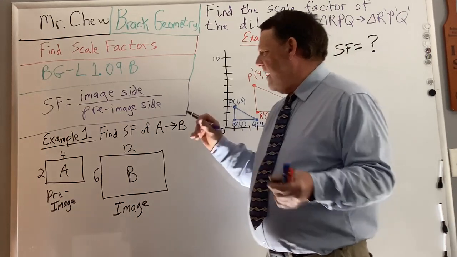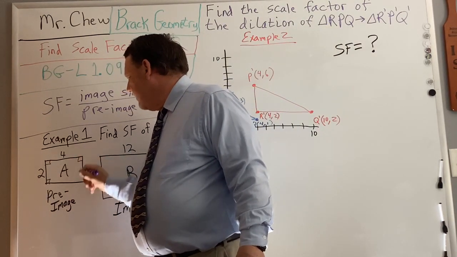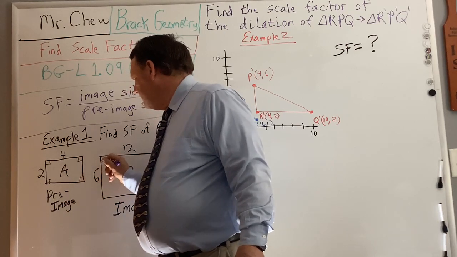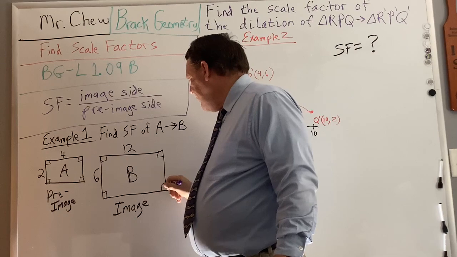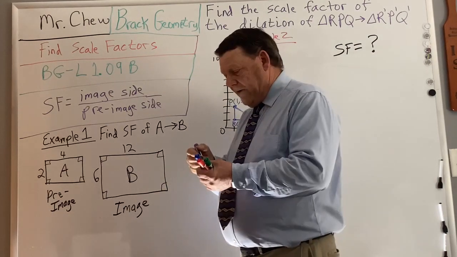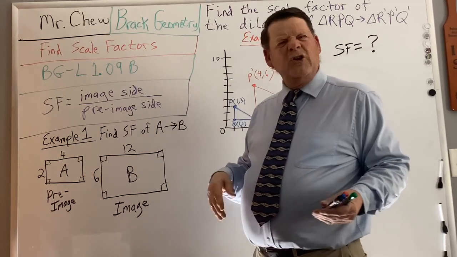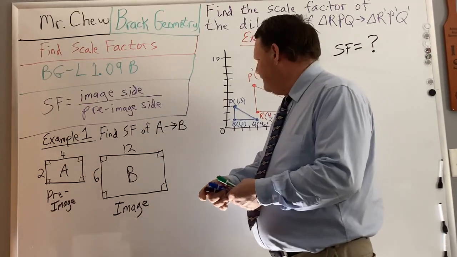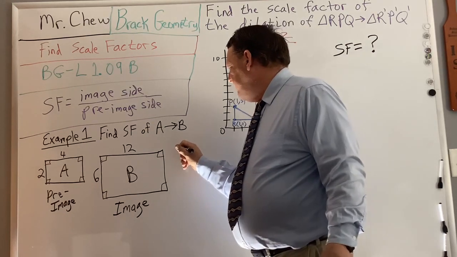Now, these are rectangles. You can go ahead and mark all these right angles if you'd like. So the scale factor ends up being a ratio that you usually will reduce. So let's go ahead and figure that out.